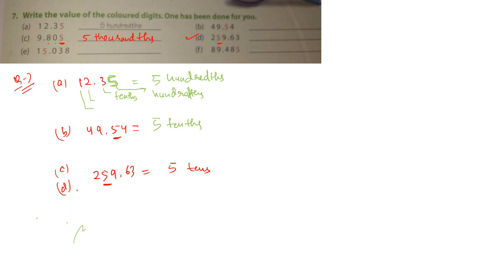Okay, now E, 15.038, and you have to tell the place value of this 5. So this is ones. Okay, 5. That's it. And do question number F, part number F on your own.